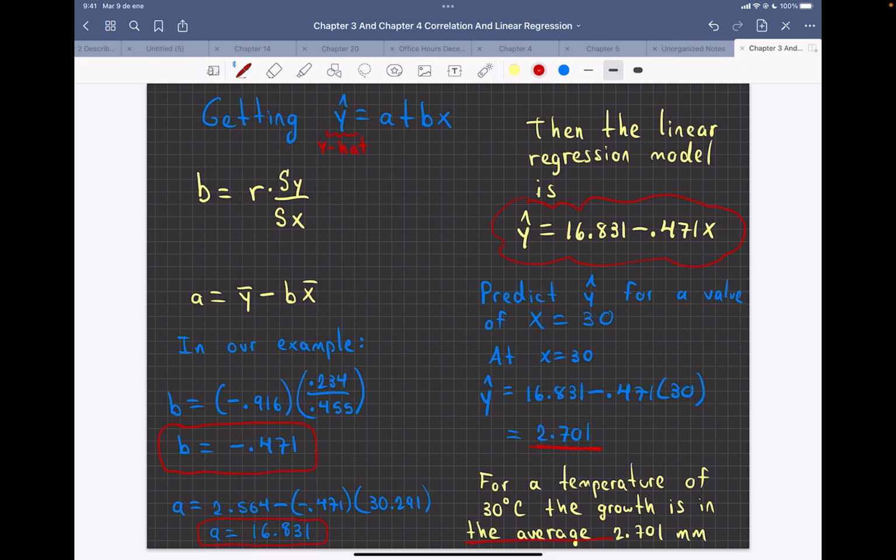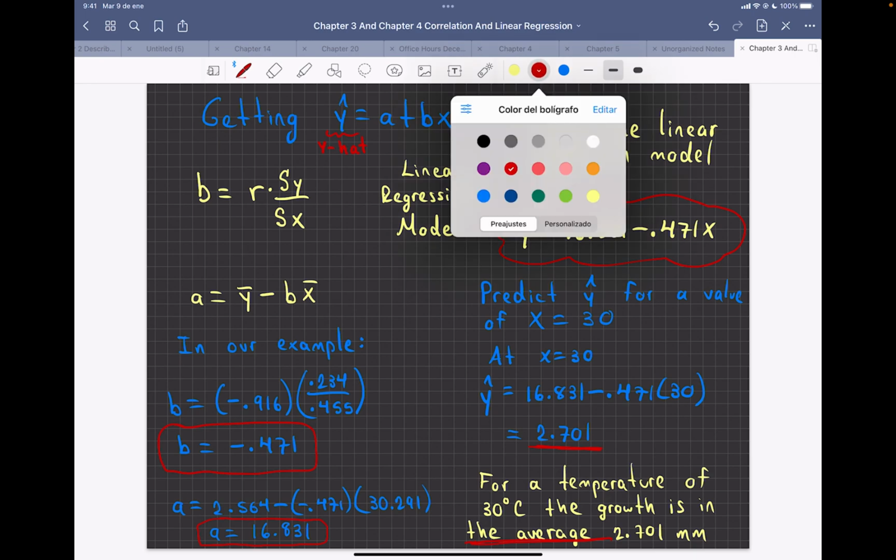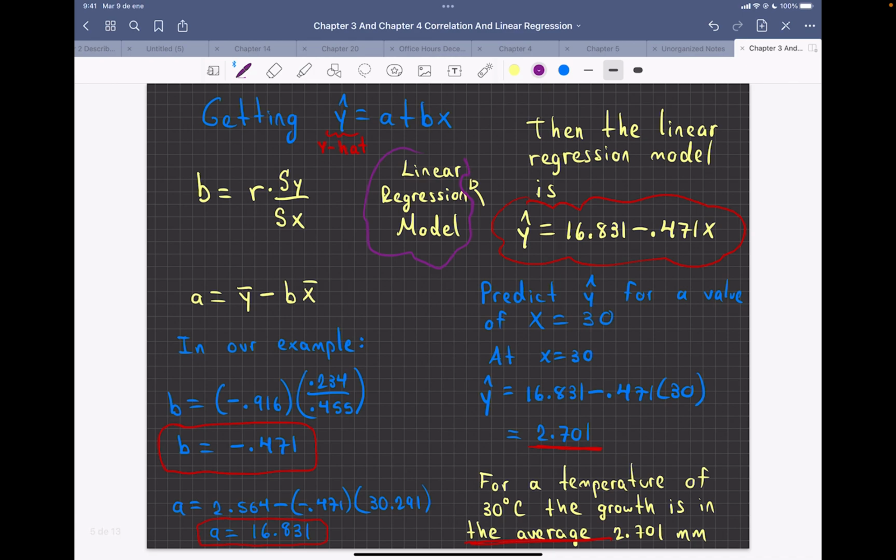These two words are essential when you're using a linear regression model. This is the linear regression model.